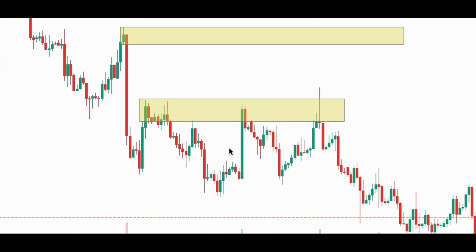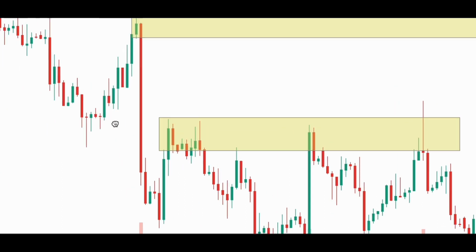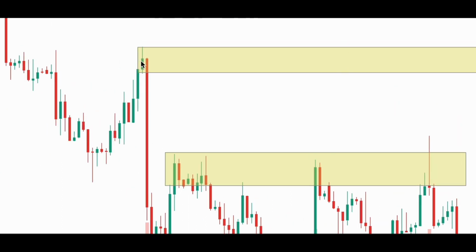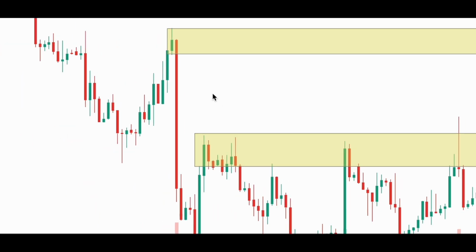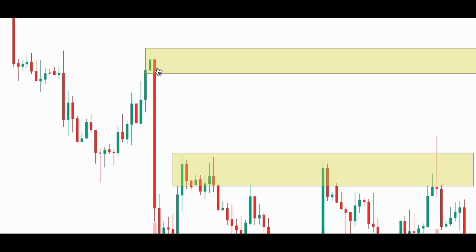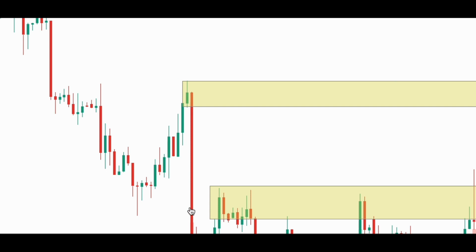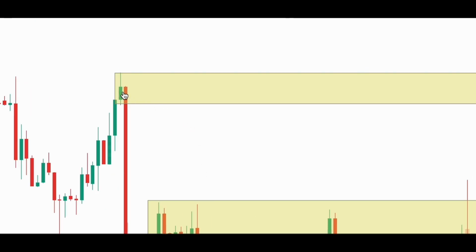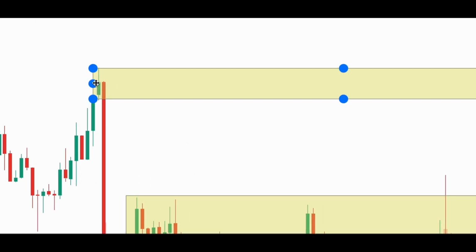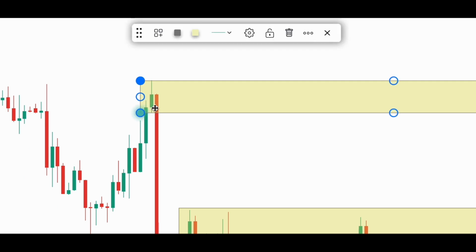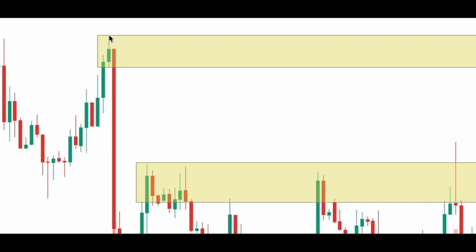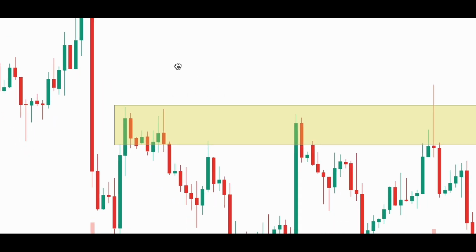When we mark the zone, usually you can mark and plot the last candle before the momentum. Can you see? This is a bearish candle, so for the last bullish candle you can mark this zone. You can take the whole candle, wick to wick, as your supply zone.